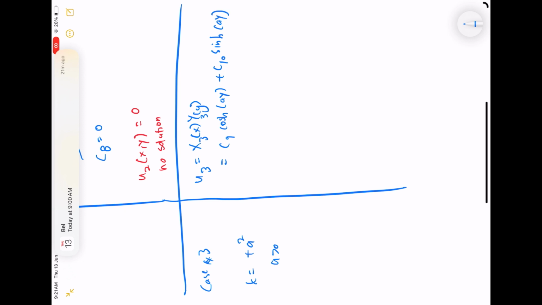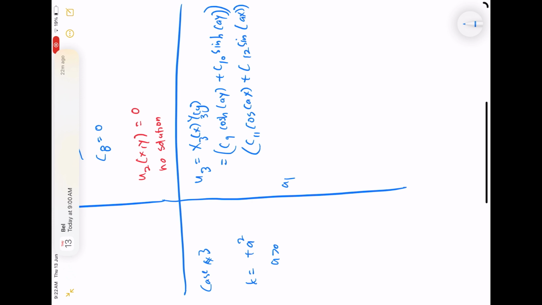Why is it hyperbolic cos and sine? Because the value of r has an imaginary number in it, and then multiplied by c11 cosine ax plus c12 sine ax. Now apply the same method.